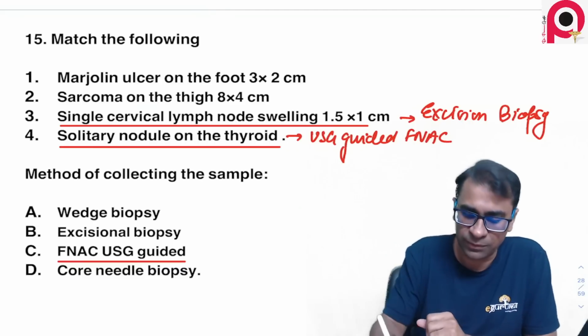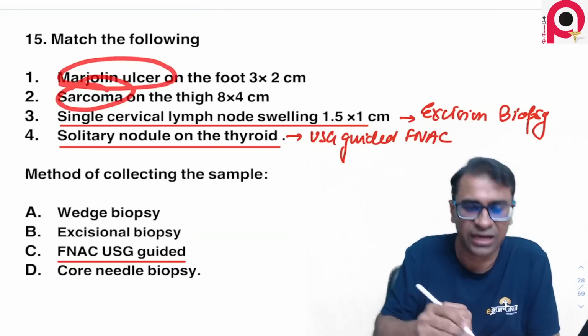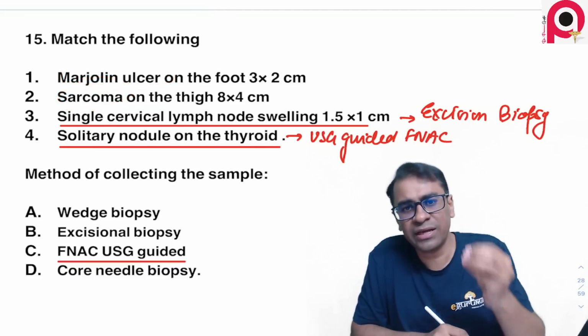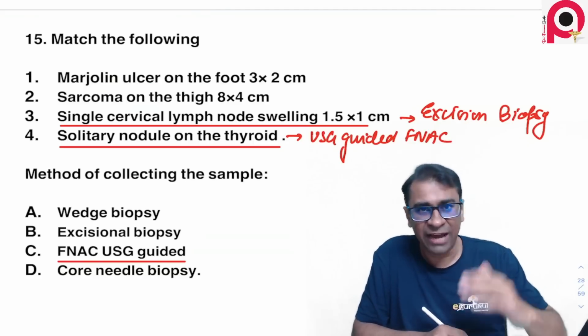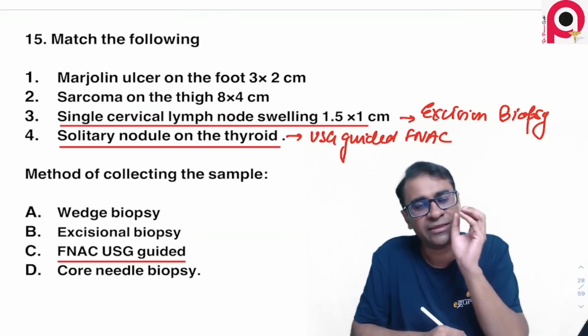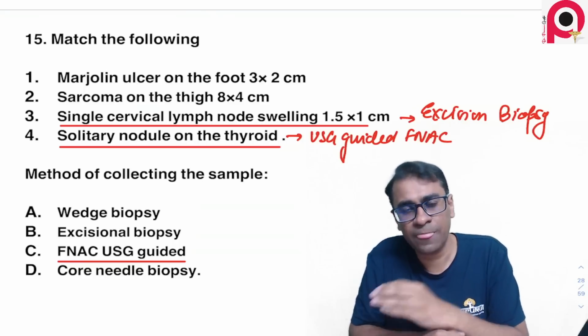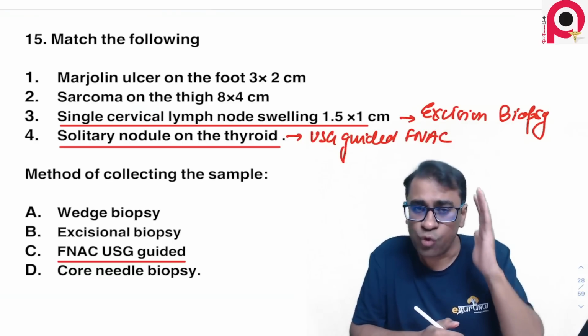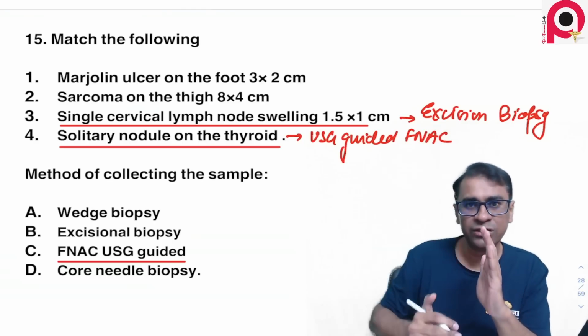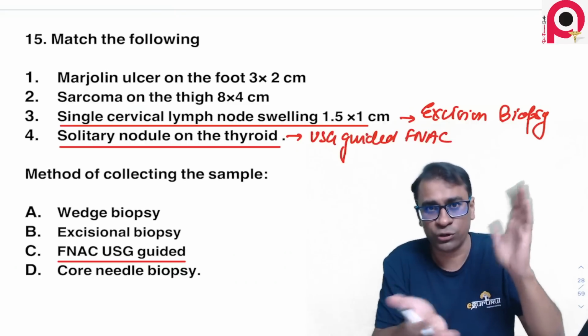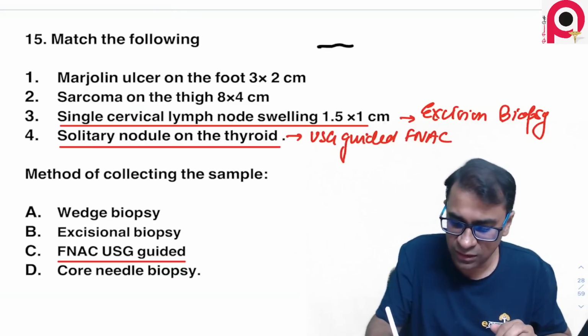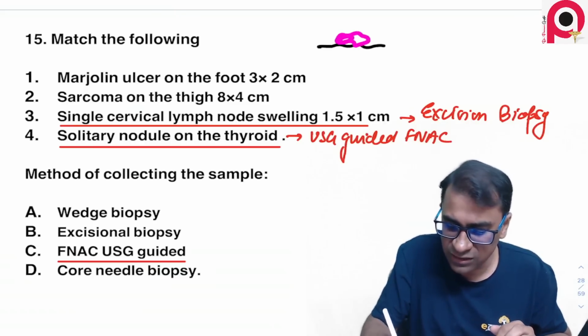Now the question comes to marjolin ulcer and sarcoma. First of all, what is the problem with a marjolin ulcer? A person who has a burn can have marjolin ulcers, right? And that can progress to squamous cell carcinoma. Now think, squamous cell carcinoma can show invasion, so when you take a biopsy you must look at the depth also. Suppose there is an area here and a large ulcer here.